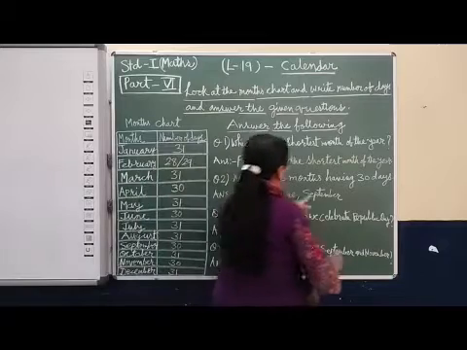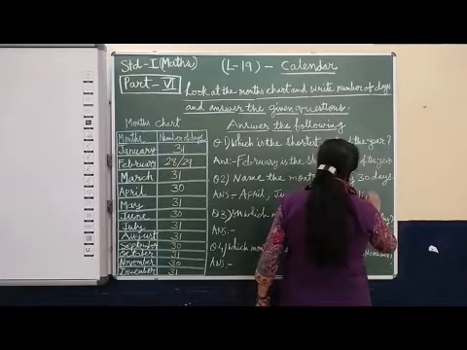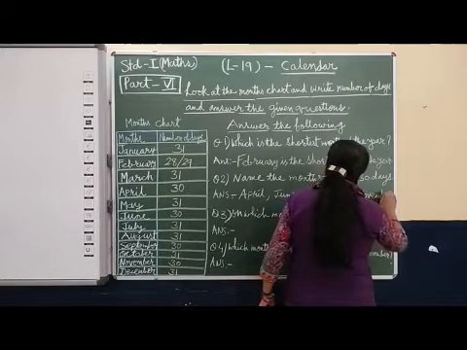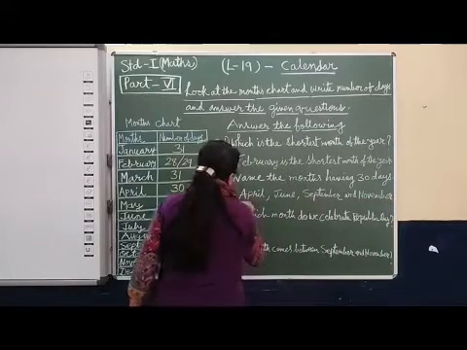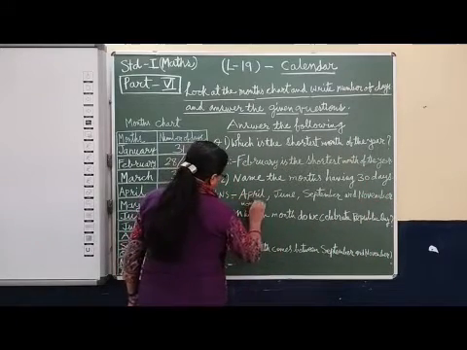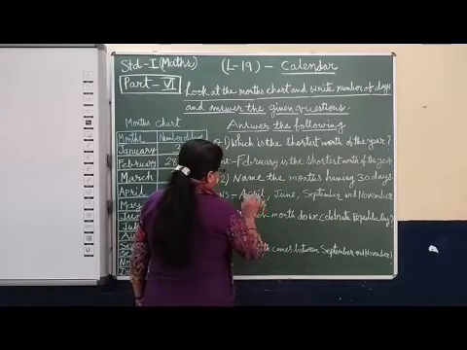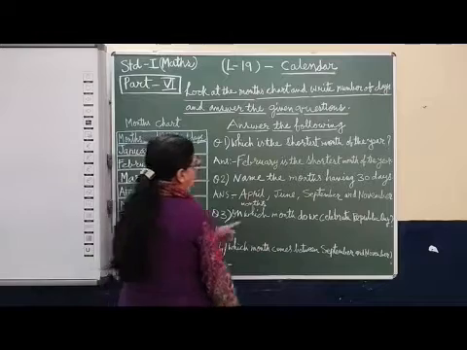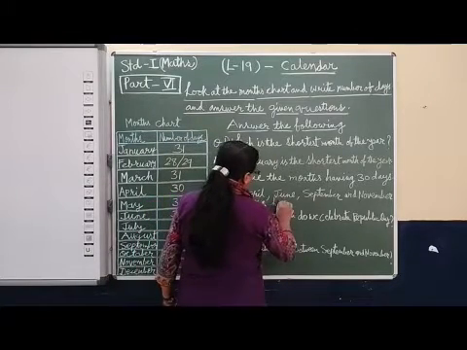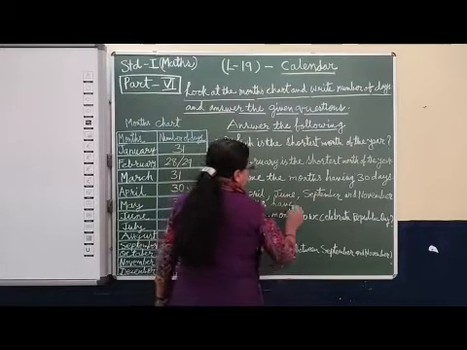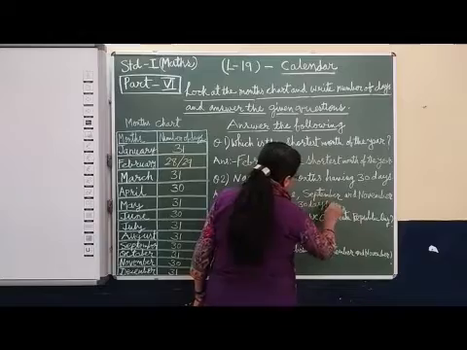November. April, June, September and November. We will write here months April, June, September and November months have 30 days. Okay.